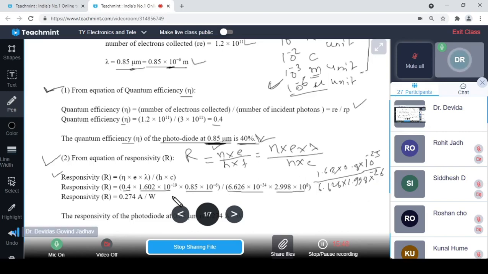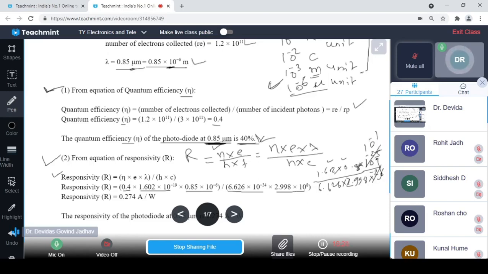So 1.602 and 0.85 we kept as they are, and in the denominator 6.626 and 2.998 we have kept as they are. But 10 raised to minus 19 and 10 raised to minus 6 we have combined as 10 raised to minus 25, and 10 raised to minus 34 into 10 raised to 8 we have combined as 10 raised to minus 26. So 10 raised to minus 25 over 10 raised to minus 26 simplifies: the 10 raised to minus 26 from the denominator goes into the numerator as 10 raised to plus 26.